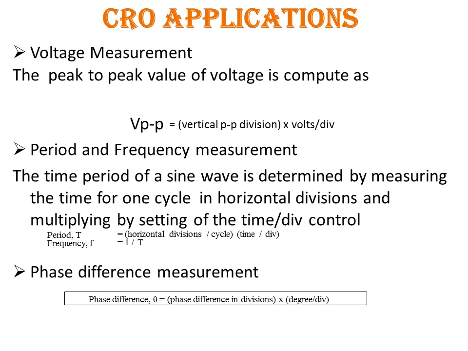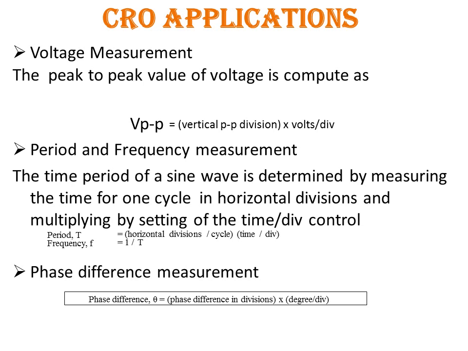The time period of a sine wave is determined by measuring the time for one cycle in the horizontal division, and then we multiply that value by the time per division control settings. So period T is equal to horizontal divisions for one cycle multiplied by time per division.